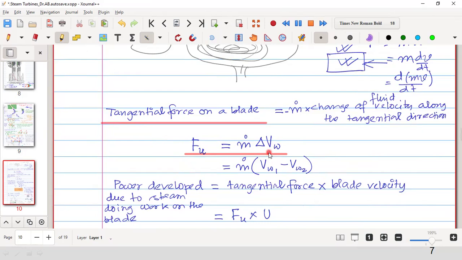So basically what is happening? The steam, when it is passing through the blade or striking the blade, its momentum is changed. Therefore, in that direction, the effective force that the steam is imparting on the blade is equal to the mass flow rate of the steam multiplied by its change of velocity, because that is the rate of change of momentum.